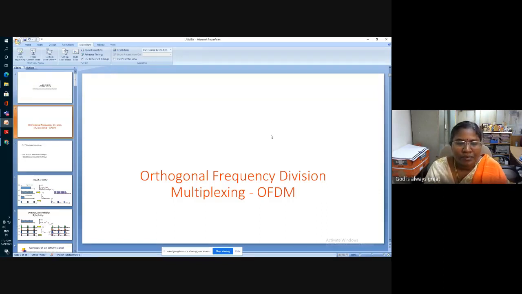So I want to give you what is meant by OFDM and why it has become such an important concept in today's world compared to the previous generations, right? OFDM stands for orthogonal frequency division multiplexing. Some call it multiple access.